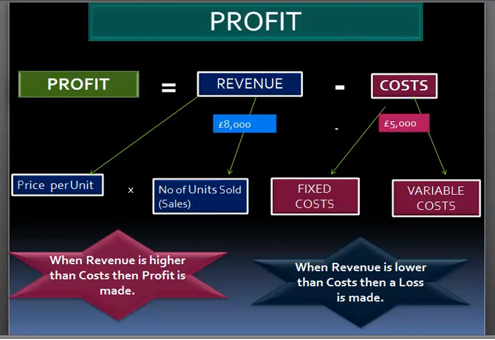Let me put the equal sign here. All right, so 8,000 minus 5,000 equals £3,000. So the £3,000 becomes your profit.